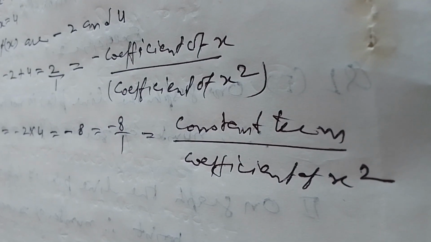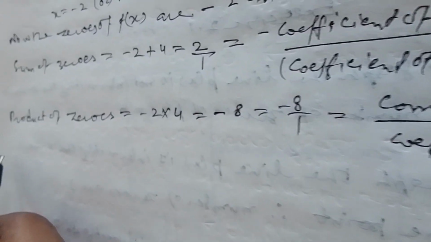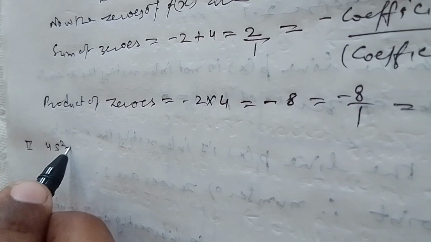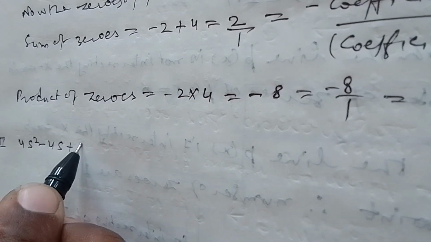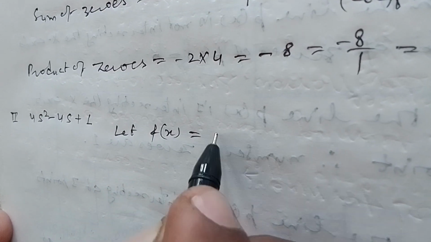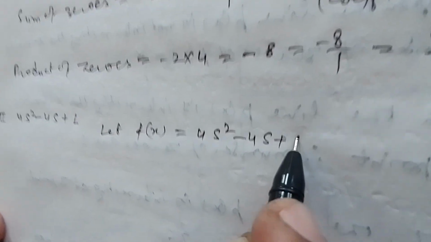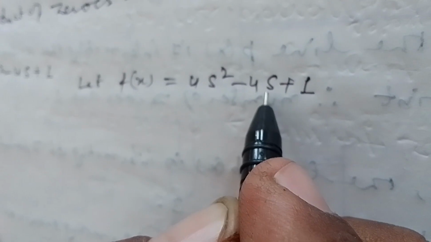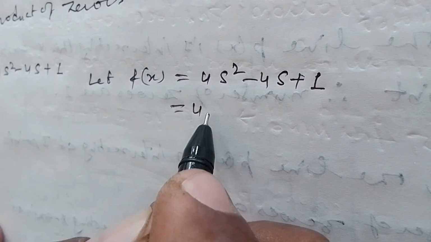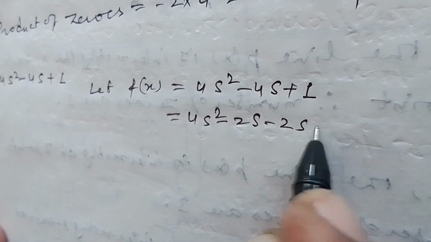Now the second part of the first question is 4x square minus 4x plus 1. Let it equal f(x), that is 4x square minus 4x plus 1. Now we will break minus 4x into two parts, so it becomes 4x square minus 2x minus 2x plus 1.